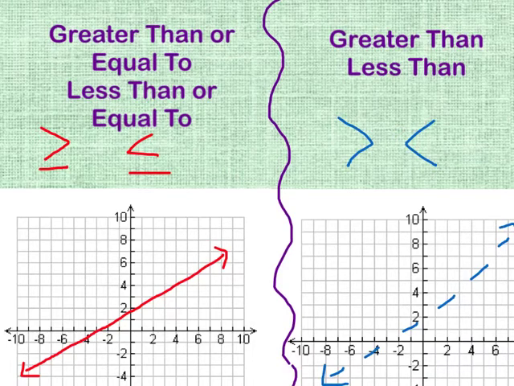So remember, when we were first starting off and using a number line, we said, okay, if there's a line under it, we're going to use a full closed-in circle, right? And we were going to point our arrow whichever way it needed to go. Or if it was just less than or greater than, we were going to use an open circle and point whichever way we needed to go. Here it's similar to that. We're either going to use one solid line or we're going to use a dashed line.